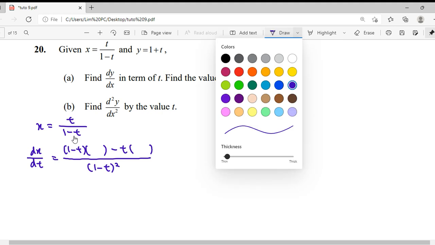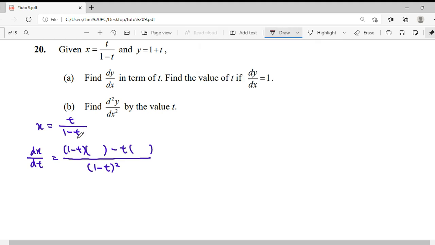Then differentiate the part that we want. Okay, copy the bottom, differentiate the top, differentiate t, get 1. Okay, copy the top, differentiate the bottom. So differentiate 1, zero, differentiate negative t, get negative 1.